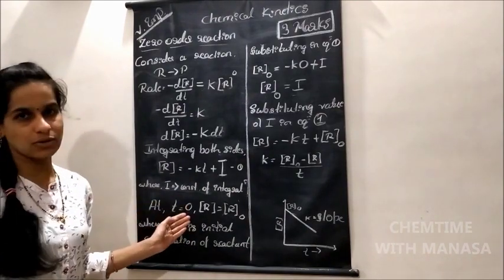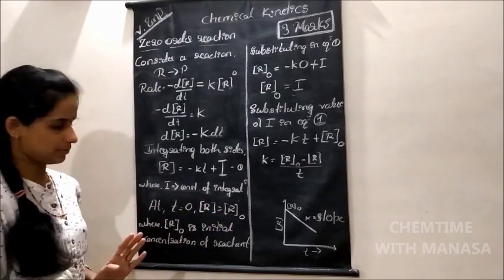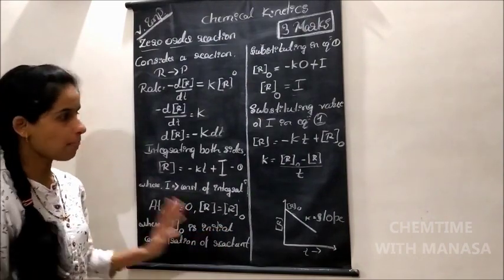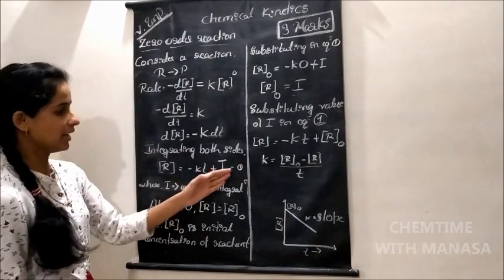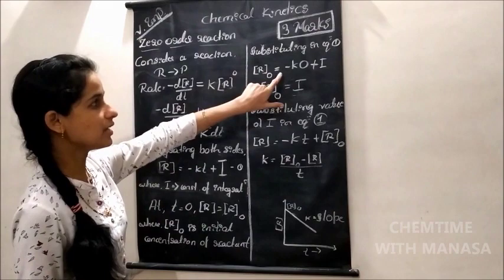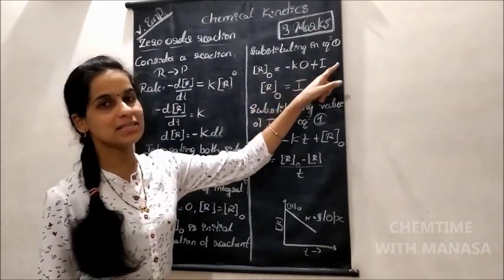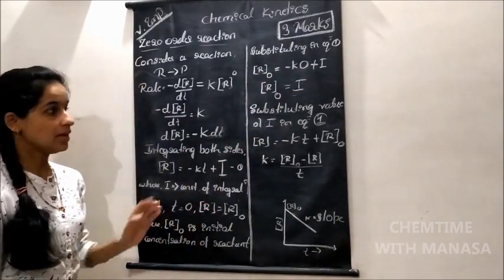At t is equal to 0, concentration of R is equal to R naught, where R naught is the initial concentration of the reactant. Substituting this initial condition in equation number 1, we get R naught is equal to minus K into 0 plus I. That is, R naught is equal to I.